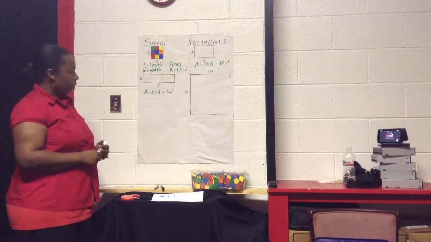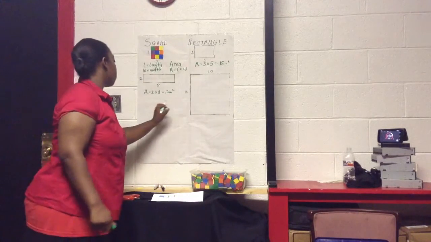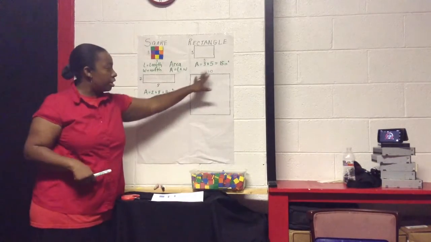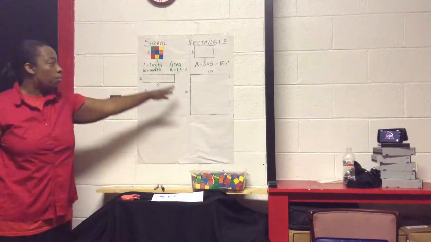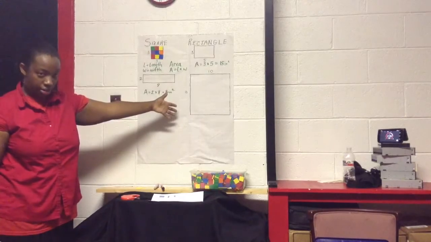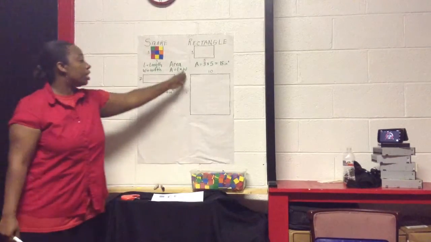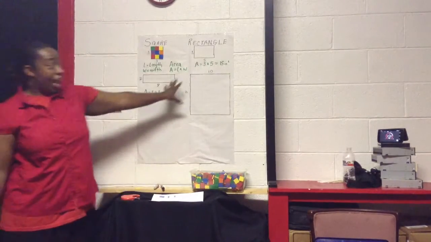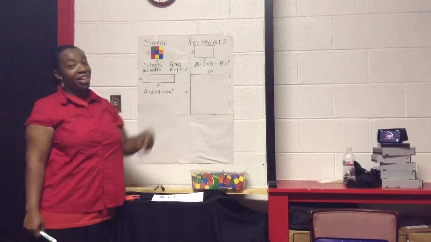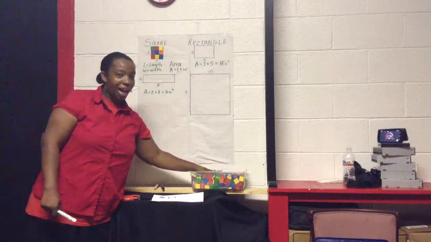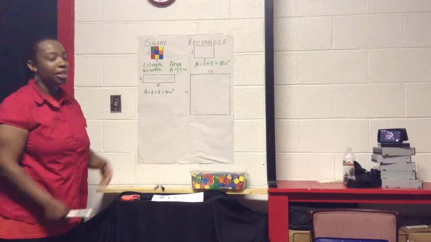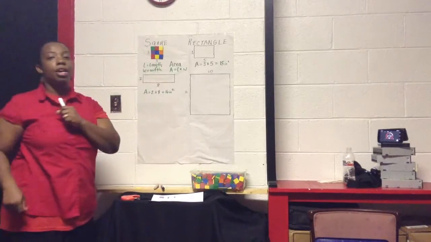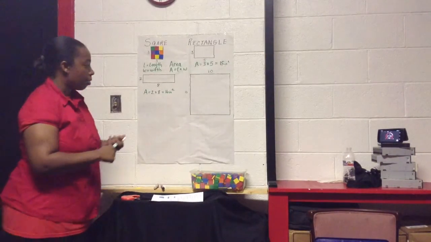Now let's say we had this square with sides of 10. So its length is 10 and its width is 10. That's a lot of square units in there. It would probably take up a lot of the square units in this container. So instead of trying to put all of them on there, we're just going to use our simple formula.